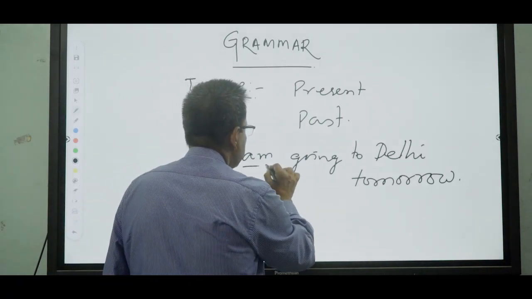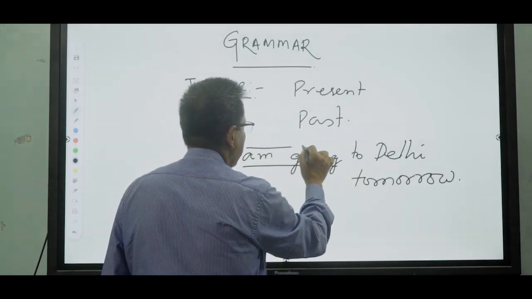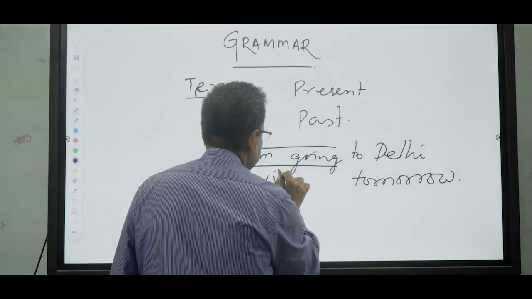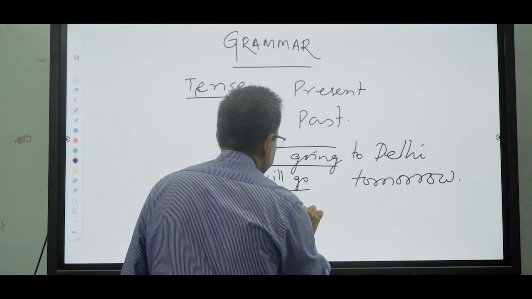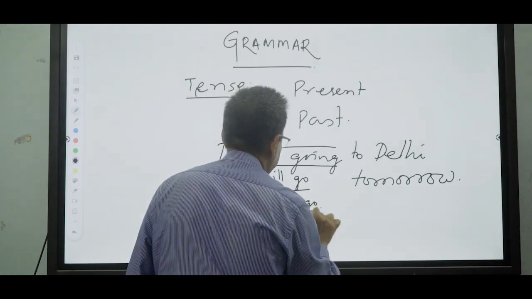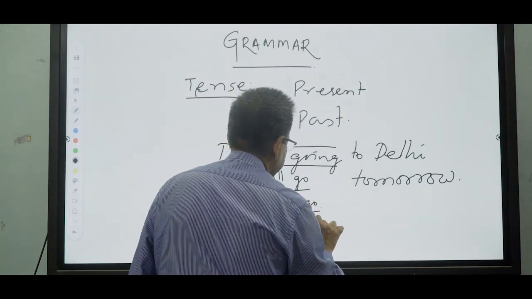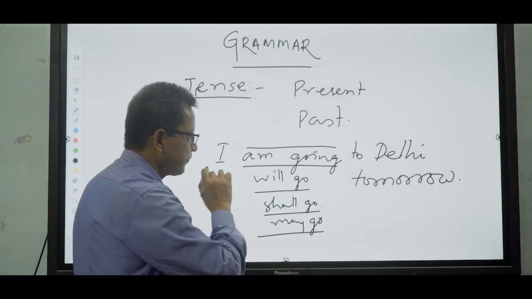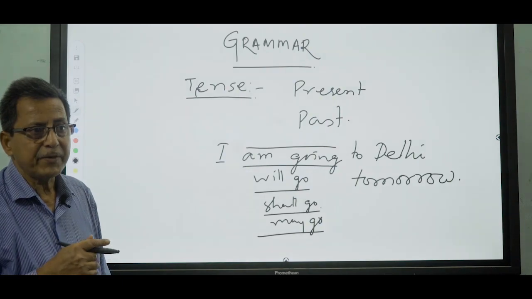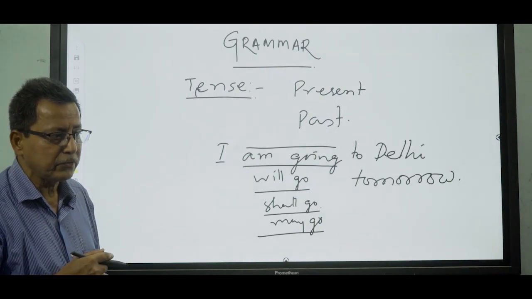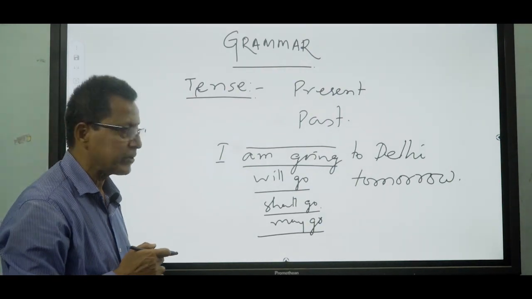Similarly, we can use in place of I am going, I will go, I shall go, I may go. All these verb phrases refer to one point, that the action is going to take place in future.